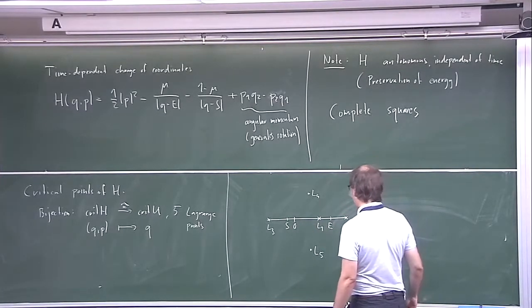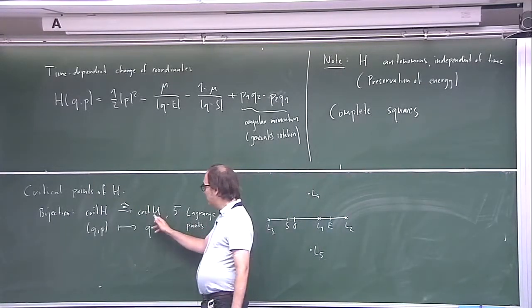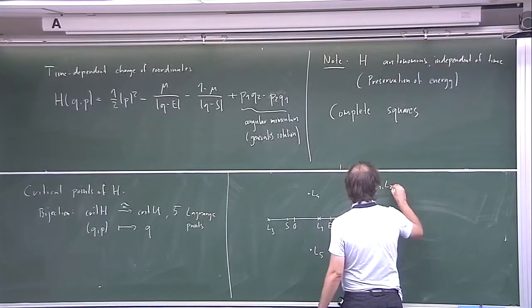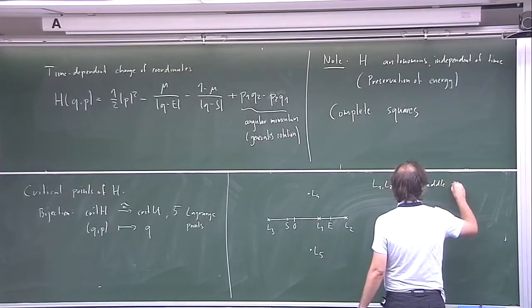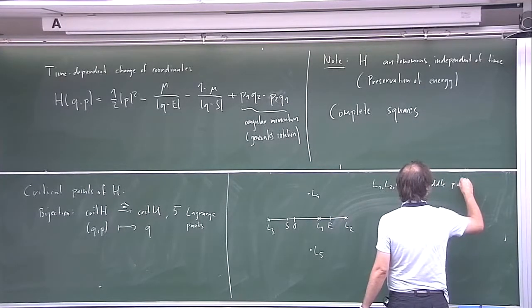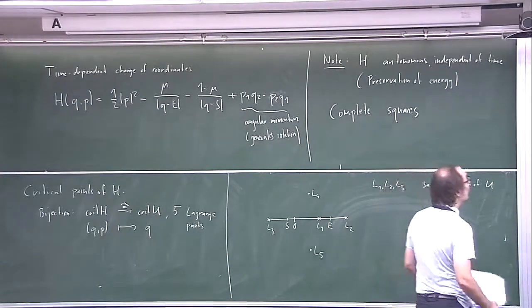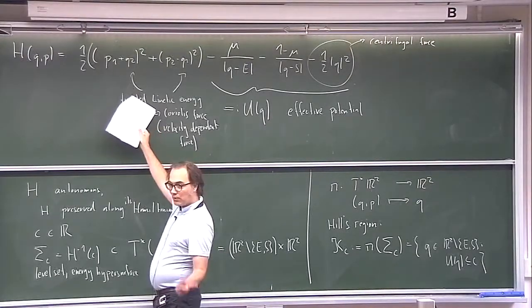If you interpret them as critical points of U, then L1, L2, L3 are saddle points of U. And if you interpret them as critical points of H, you get 2 additional positive eigenvalues.